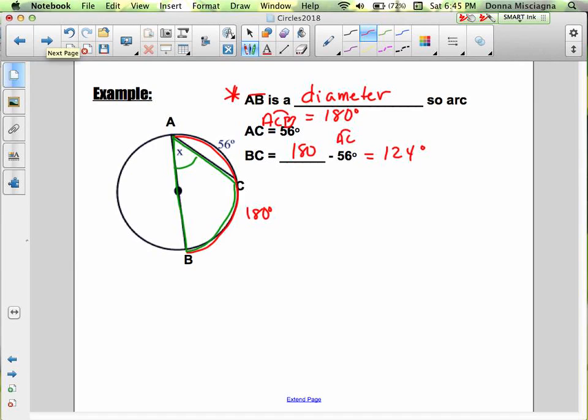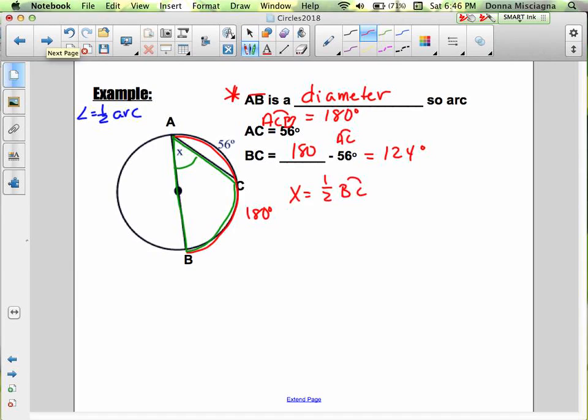We're looking for the angle. We know that the angle equals half the arc. I'm going to write that down. You don't have to write that down, but the angle equals half the arc. So that means x equals 1/2 of arc BC.